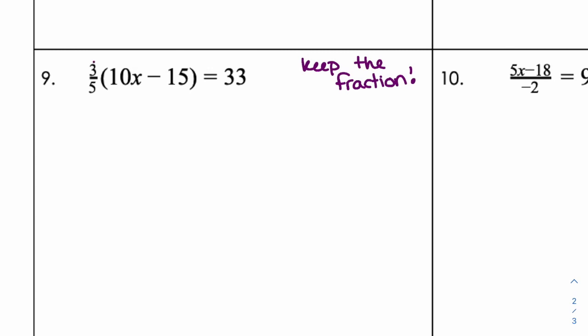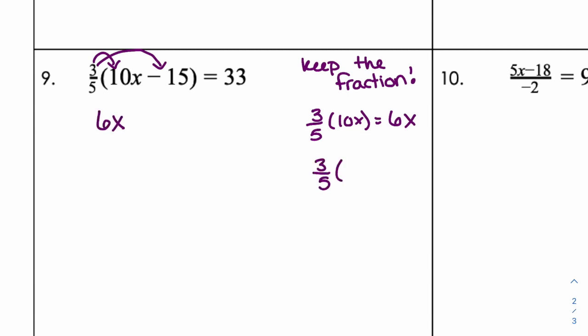So we keep it as the fraction and we just distribute our fraction. So really what we're doing is we're doing 3/5 times 10x, and you can use a calculator, so you can do 3 divided by 5. And then just type times 10, don't clear it or anything, and you get 6, so this is 6x.